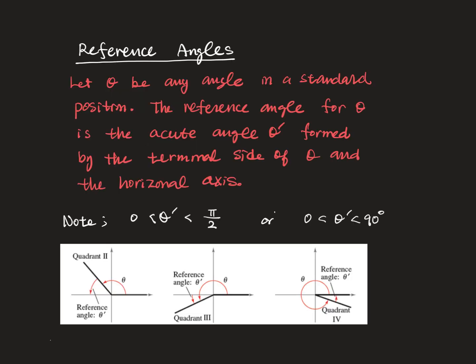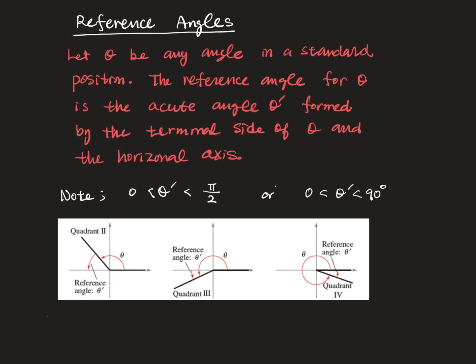Theta is the standard angle, with an initial side and a terminal side. Here theta is in quadrant 2. So what is the reference angle? This angle, between the terminal side and the horizontal axis, is what we call the reference angle.